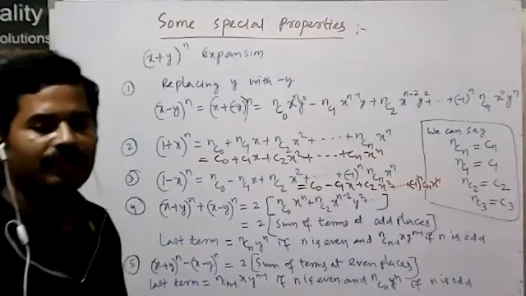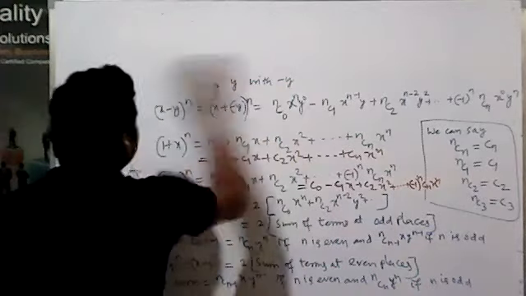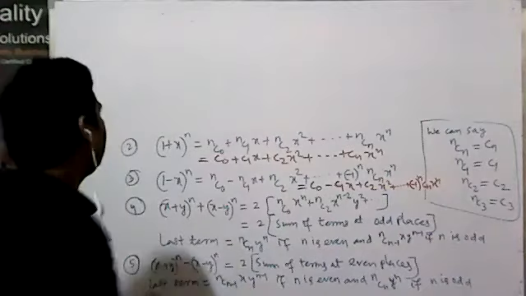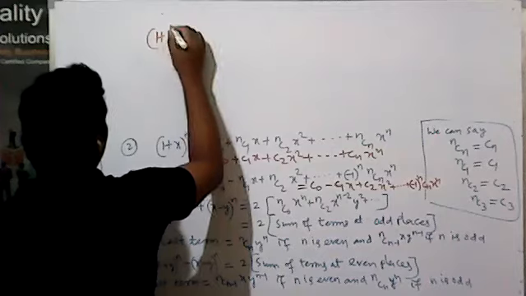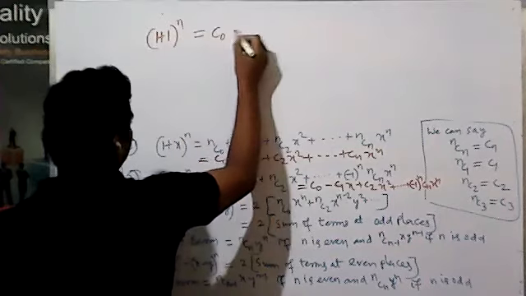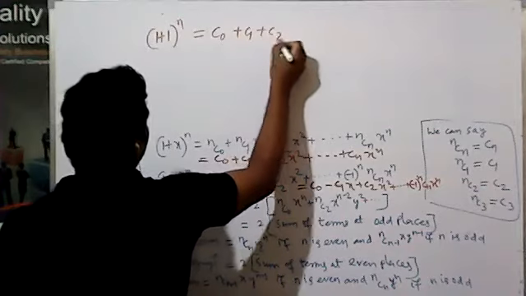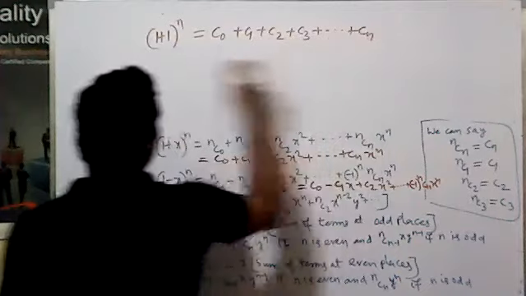If you think about other properties also, that property is here: if 1 plus 1 to the power n, if you put it here, that comes C0, C1, C2, C3, dot dot dot, Cn.